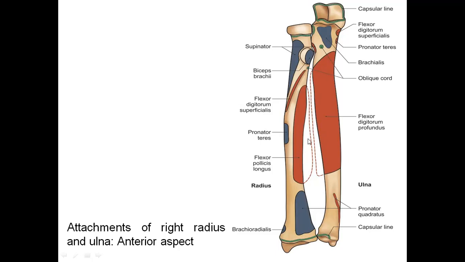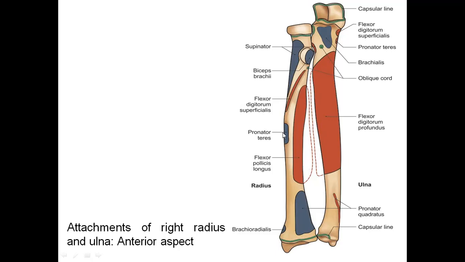You call it the interosseous membrane. Okay. So flexor pollicis longus muscle is taking its origin from this anterior surface. Okay, and it is also taking its origin from the corresponding interosseous membrane.